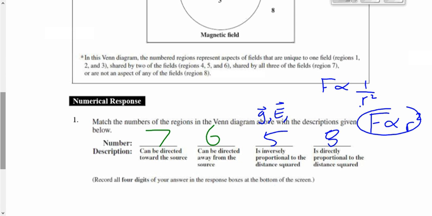Therefore, we're picking 8. But if you haven't learned that it is proportional to the distance squared or the inverse of the distance squared, then you can trust that that's not the correct answer. Does that make sense? All right, so the answer is 7658 for that one.